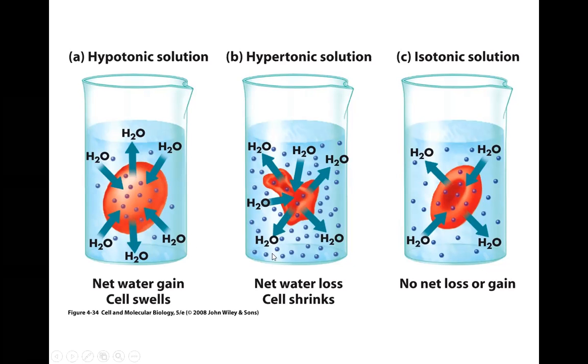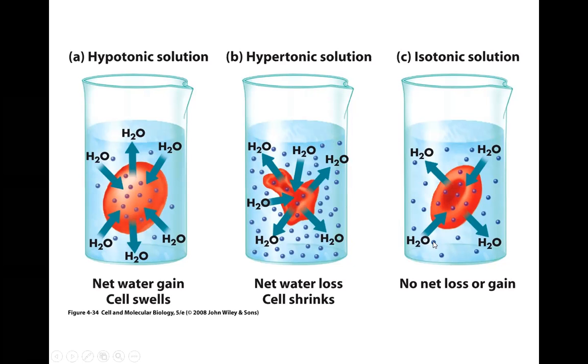If we have the cell placed in a hypertonic solution, in other words, there are a lot of ions outside the cell, now the water will tend to leave the red blood cell. And in this case, the red blood cell will shrink considerably. What we have in general in our body is an isotonic solution.